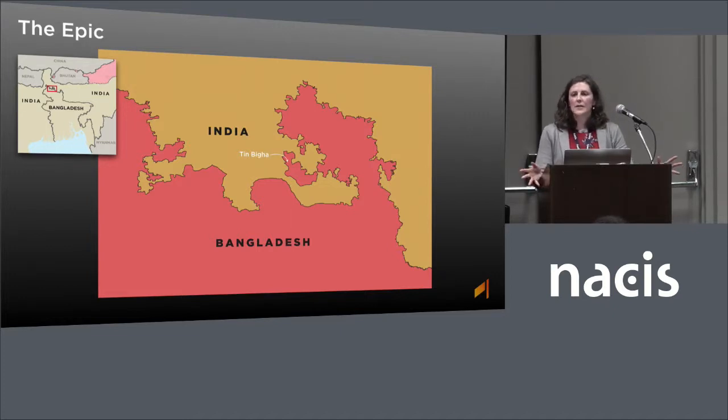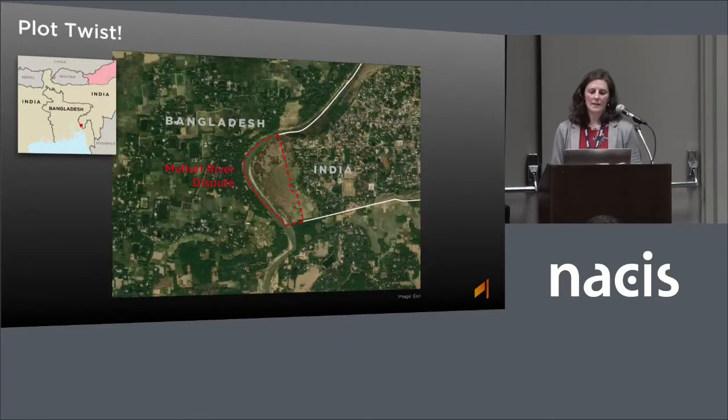So the people living in those enclaves were allowed to switch nationalities at the time of all of this, or to move. But this is still really a hard border, managed intensely on India's side. They have a massive fence about 150 meters from the border. And they still have one tiny little dispute that, despite all of the other work that they've done, they can't manage to resolve.